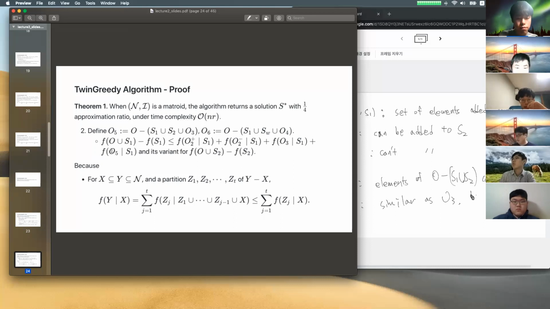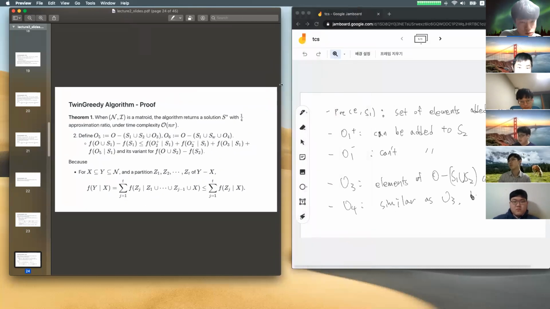Now we will prove another fact. We define S1 union S2 union O3 deleted from O as O5, and similarly define O6 for O4.